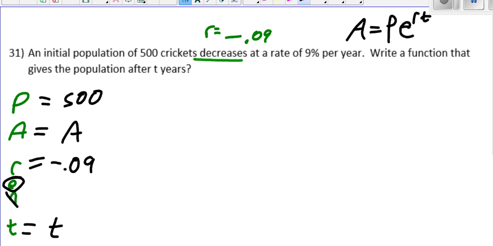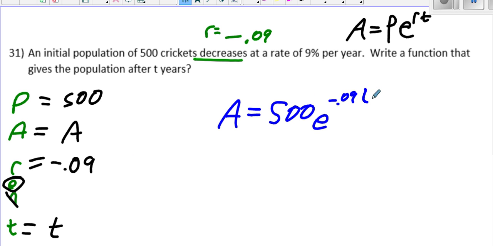One quick thing that you can do to check this is to make sure that once you get an answer, you graph it. You can look at it. Here it just asks to write the equation. So it's A equals P is 500, e, the rate, since it's decreasing, was negative 0.09, and then it said t years, so negative 0.09t.